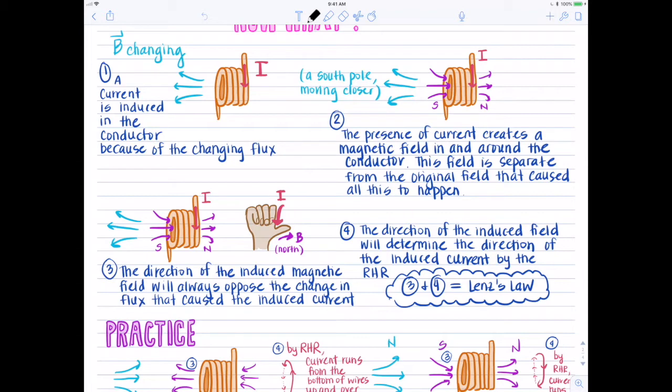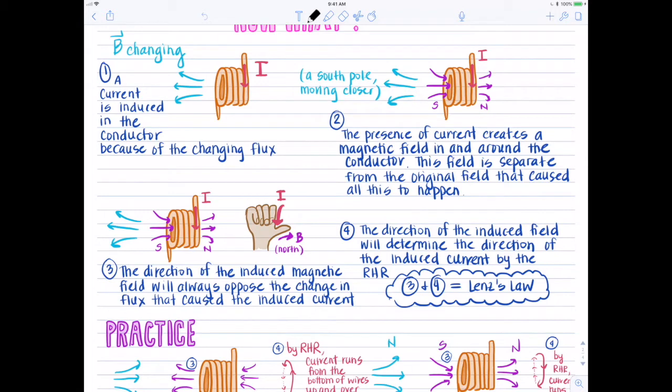Now steps 3 and 4 constitute Lenz's law. Lenz's law says that when you have an induced current, the current will always be in such a manner that the magnetic field that accompanies the current will oppose the change that caused it.